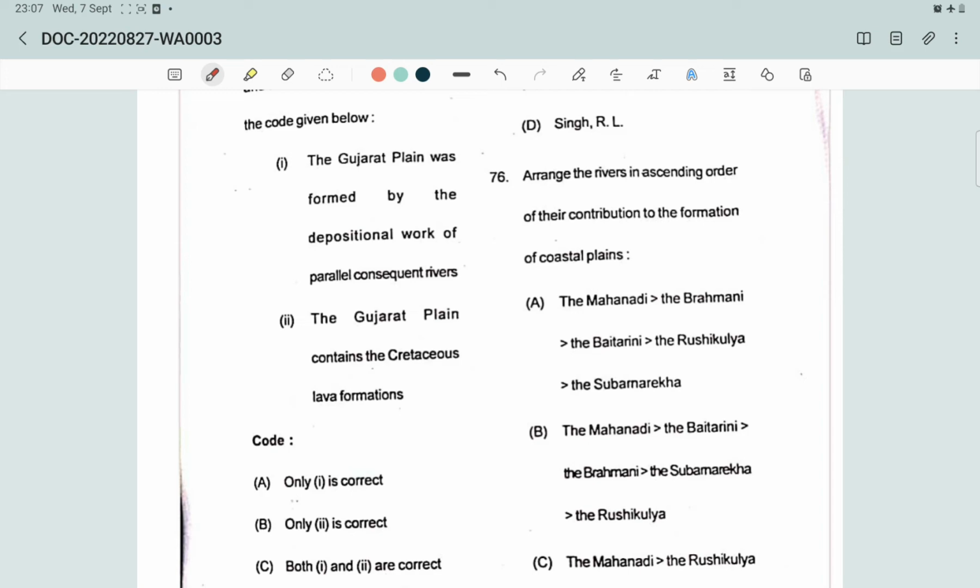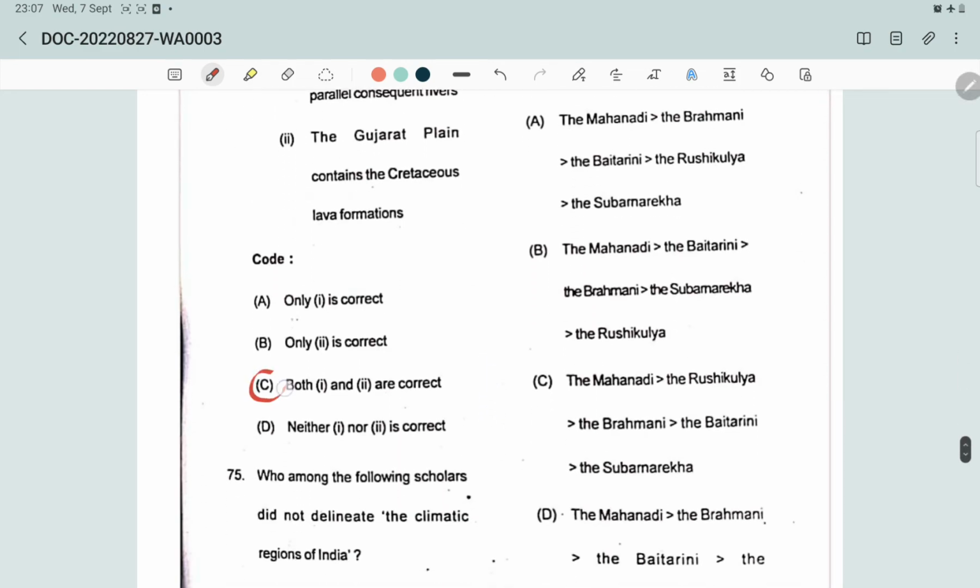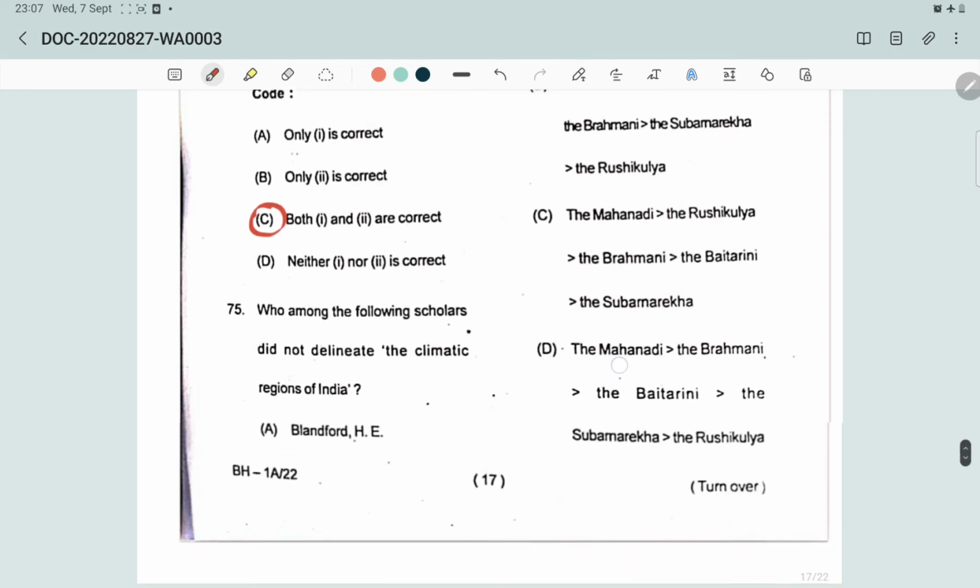And the next statement, that the Gujarat plain contains the Cretaceous lava formations, is also correct because the Deccan Trap rocks of Gujarat state are contemporaneous to Cretaceous Eocene. So the answer would be C, both 1 and 2 are correct.